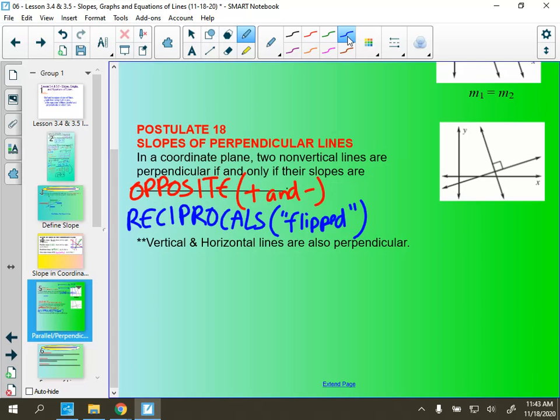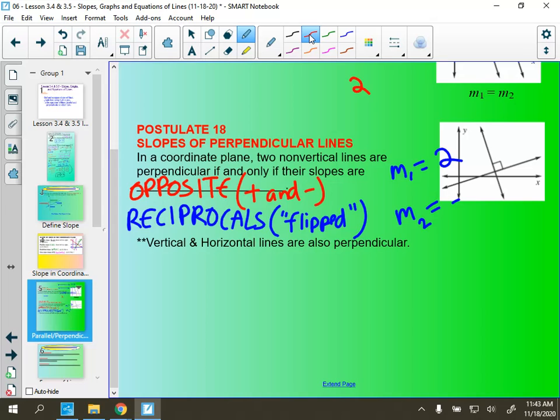So for example, if two lines are perpendicular, slope 1 could be 2, okay, fine. But then the line that's perpendicular to it should have a slope that, if 2 is positive, this one needs to be negative. That's the opposite portion of it. But then I need to flip 2 over. How do I flip 2 over?